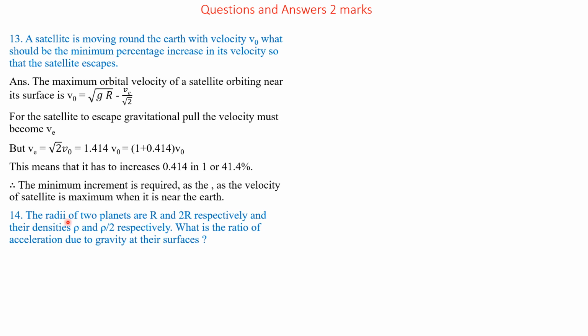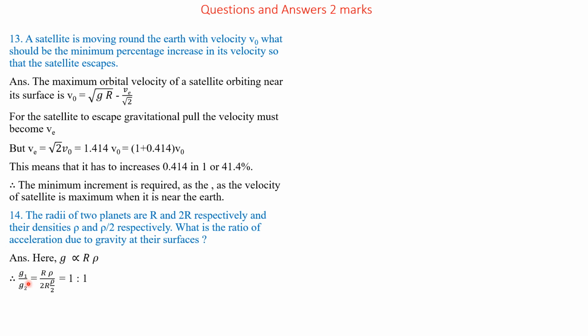Question number 14. The radii of two planets are r and 2r respectively, and their densities are rho and rho by 2 respectively. What is the ratio of acceleration due to gravity at their surfaces? Here, the acceleration due to gravity g is proportional to r into rho, where r is the radius and rho is the density.